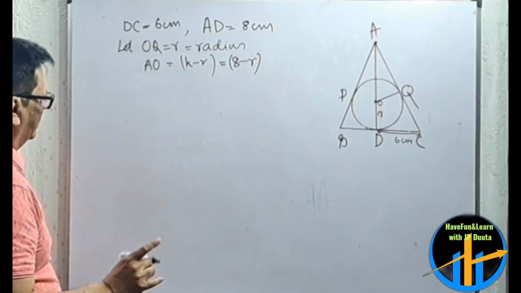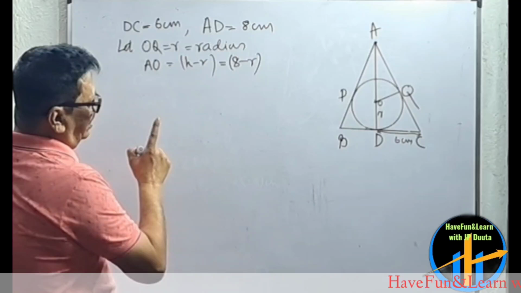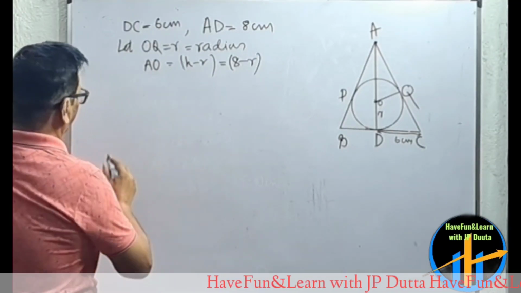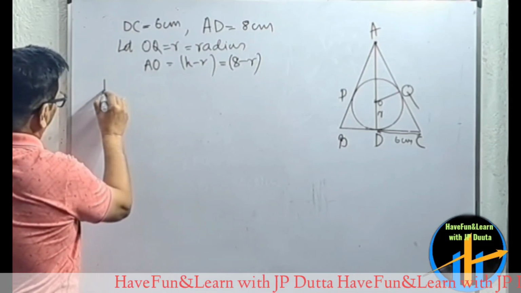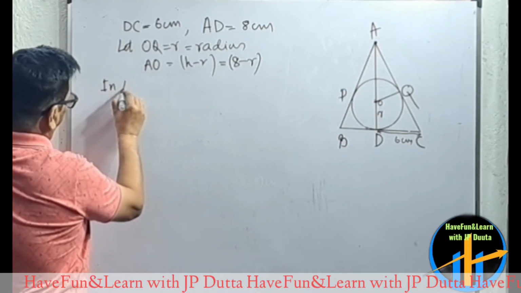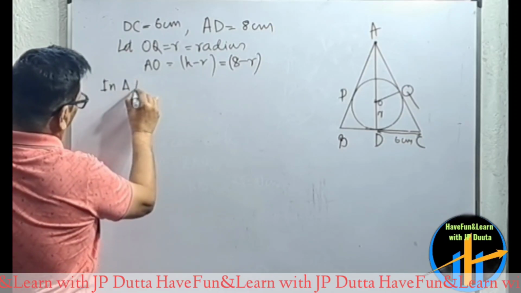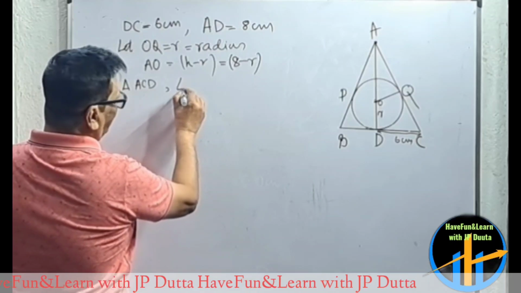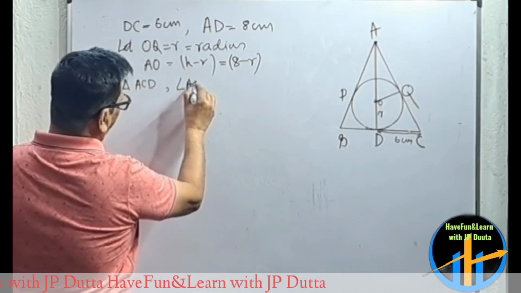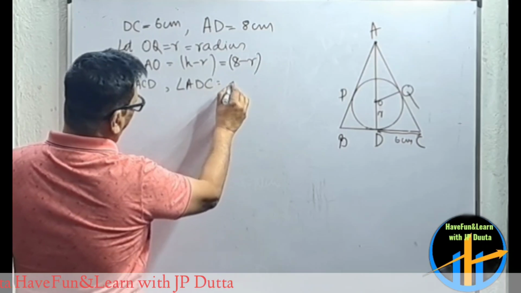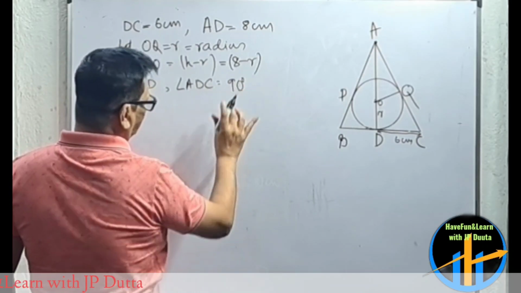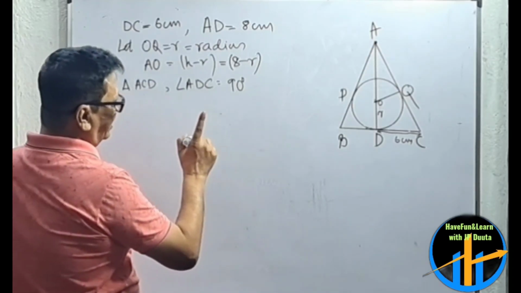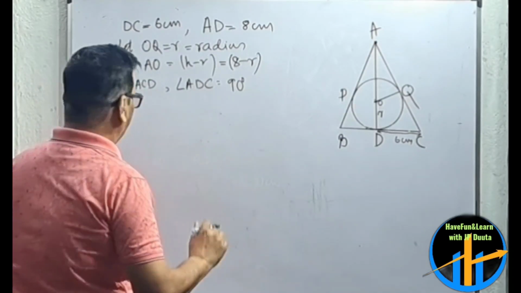Correct. Now, see, triangle ACD is right angle at D. In triangle ACD, angle ADC is equal to 90 degrees. This we know. Also, if you talk about triangle AQO, we'll talk about it later.